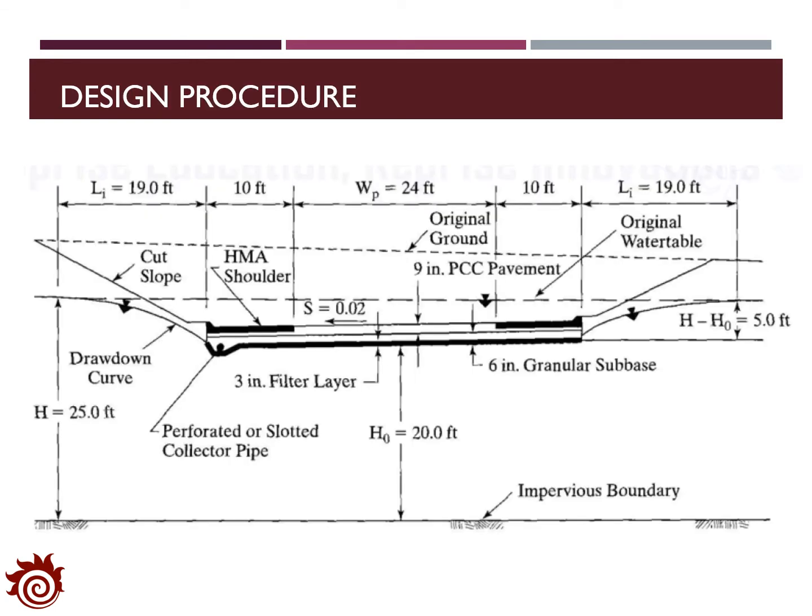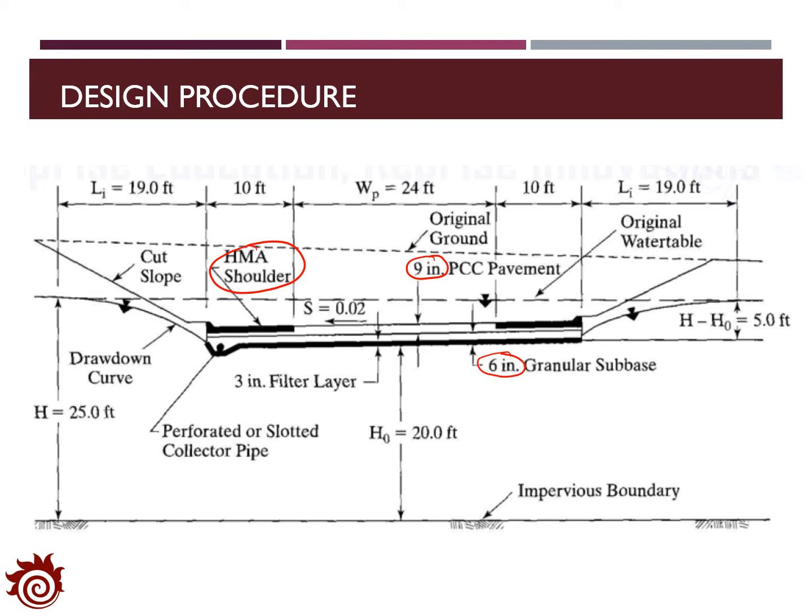The next content we will discuss in this lecture is the design procedure for the drainage system. The figure here shows one example about the drainage system applied for a two-lane highway with an asphalt shoulder. In this example, we see that the thickness of the concrete pavement is 9 inches, and we apply an open graded subbase as the drainage layer.